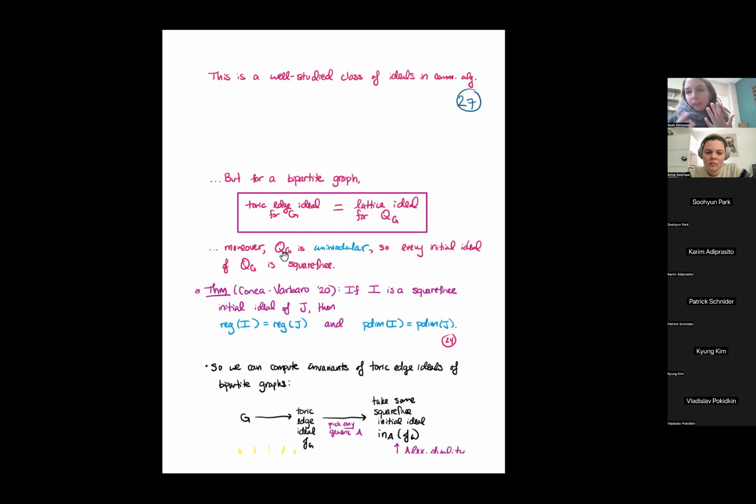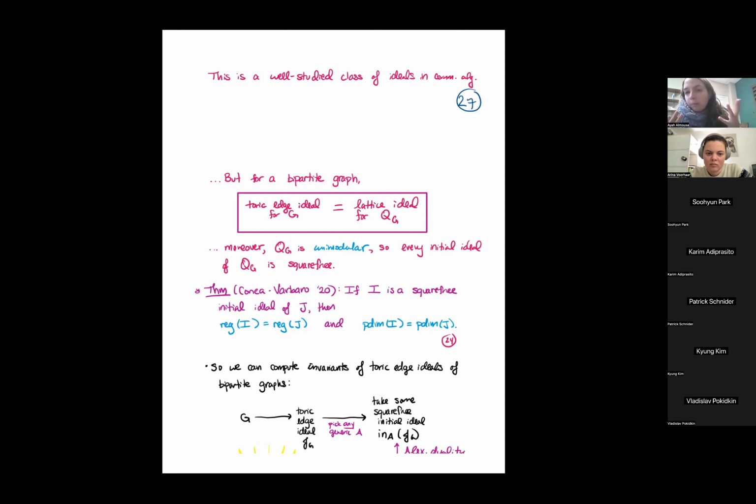And moreover, one particularly special property is that the root polytope is unimodular. That means that you're taking the convex hull of a bunch of e_i minus e_j, right? And if you look at that matrix, it means that if you take any size minor of that matrix, the determinant is 0 or plus or minus 1.